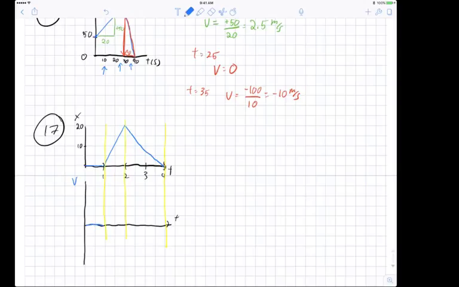For the second time, I'll do it in green again, you go across by 1 second and you go up by plus 20, so it's 20 over 1. And for this time, you go across 2 seconds and you go down 20. So this is 20 meters per second, and this is minus 10 meters per second.